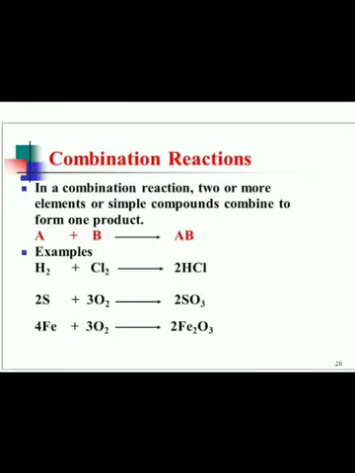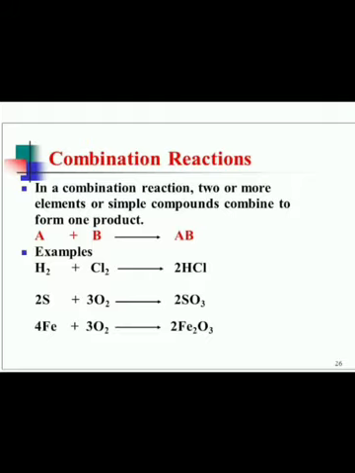Here you see, already you know, A plus B gives rise to AB. The example is hydrogen plus chlorine. These are two elements. When they react, they form a single compound, that is hydrogen chloride. H2 plus Cl2 gives rise to HCl.